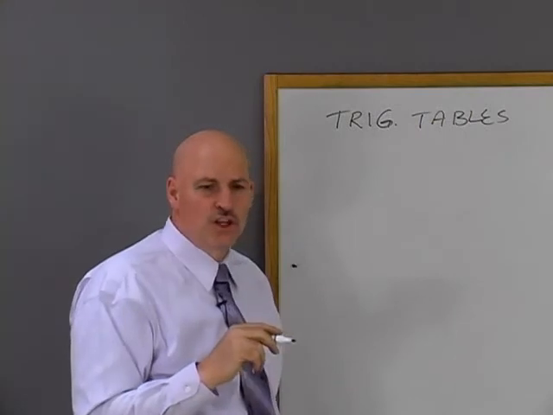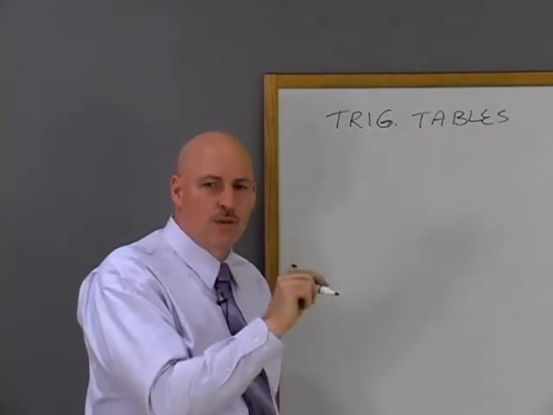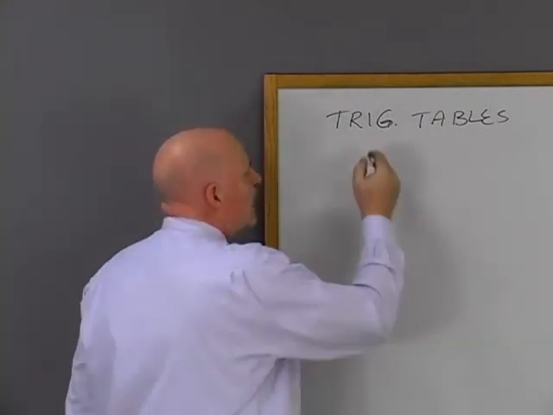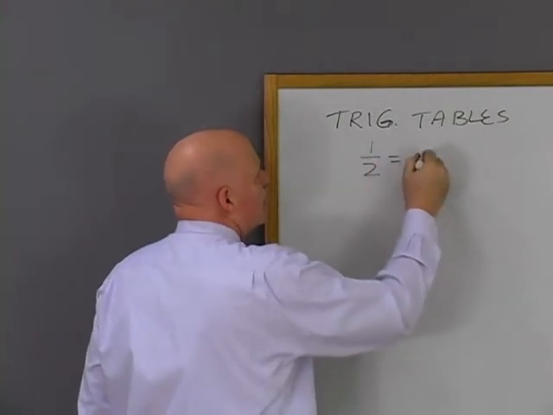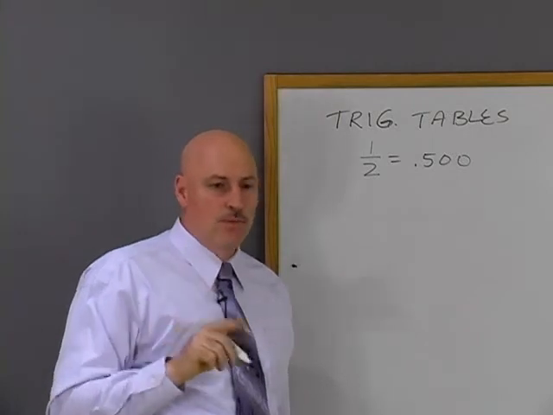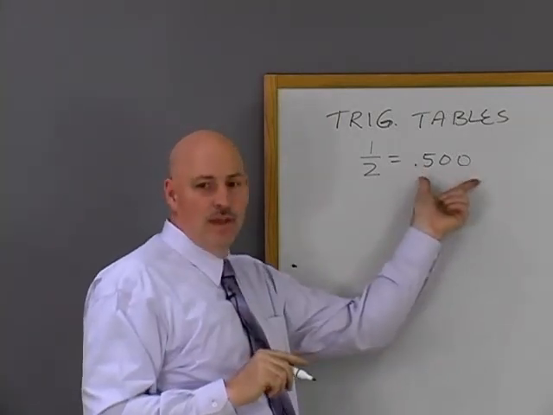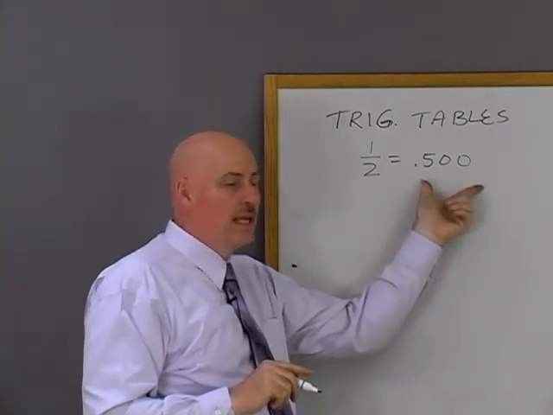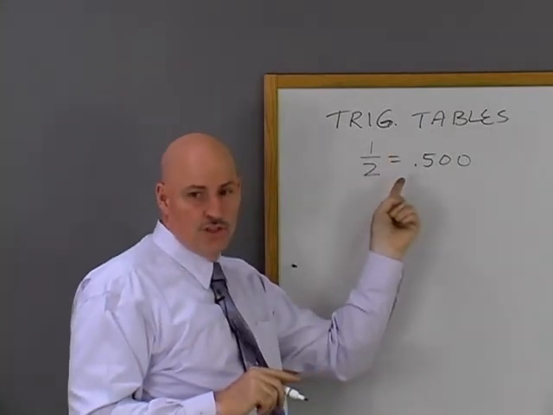By the way, a ratio is the root for rational number. It's a fraction. But you and I know that 1/2 is the same as 0.500, correct? Because trig tables are filled with decimal numbers, but decimal numbers are really ratios, trig ratios.